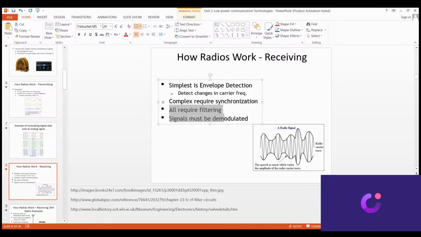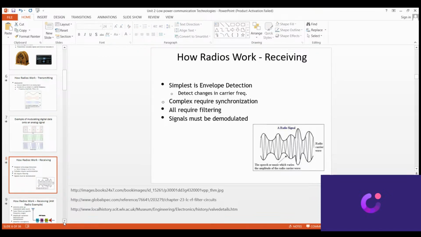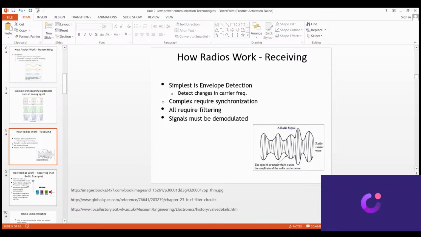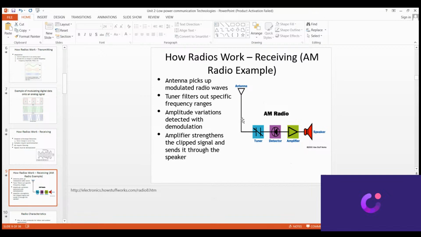So the signal must be demodulated at the receiver, so that only the original signal that was transmitted is received.